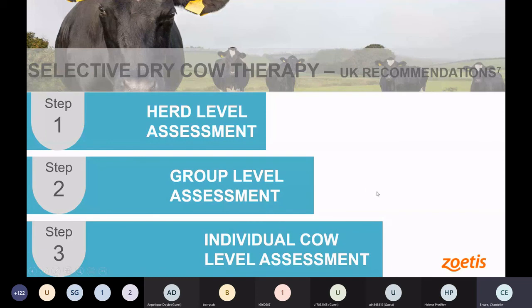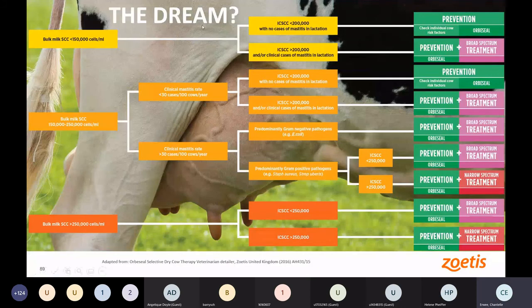There are, I think, a handful of farms in South Africa that are applying selective dry cow therapy at the moment. This is definitely worth thinking about and moving towards, even though we aren't necessarily there yet. As I've said at the top, this might be the dream for the future. This is an illustration of what they do in the UK, where they look at the bulk tank somatic cell counts, and from there look at the clinical mastitis records.